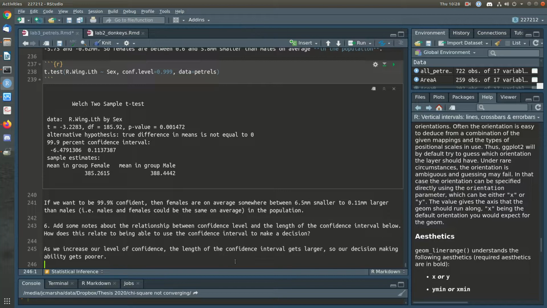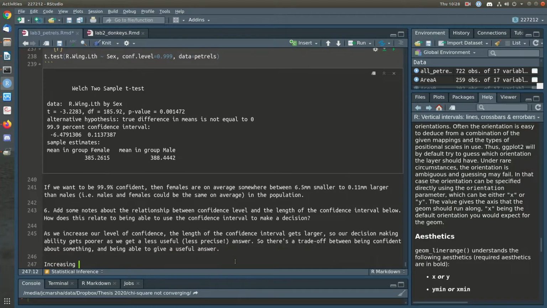Nonetheless, we're more likely to be correct. It's just a less useful answer, perhaps. So there's a trade-off between being confident about something and being able to give a useful answer.